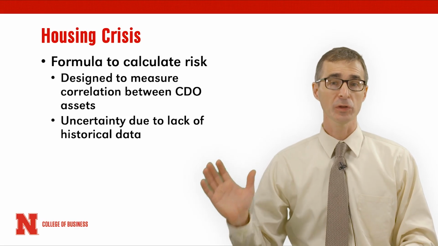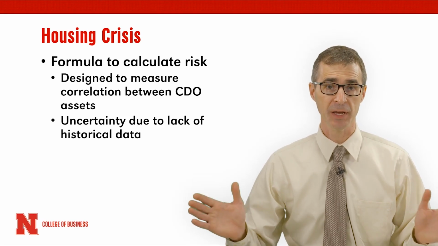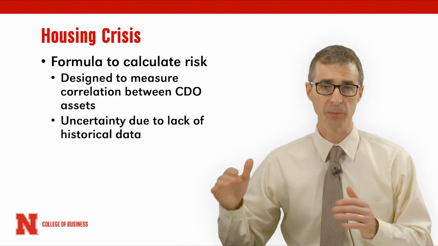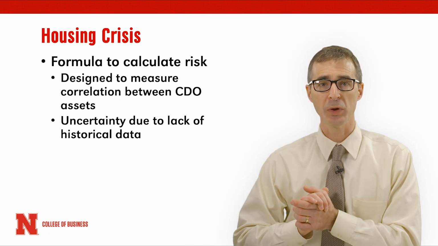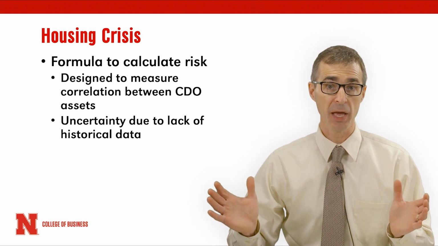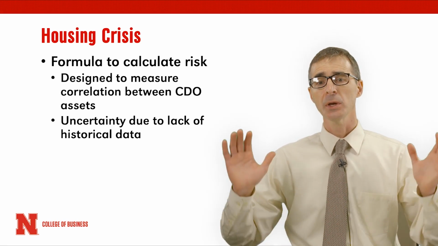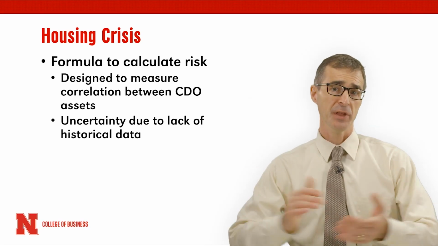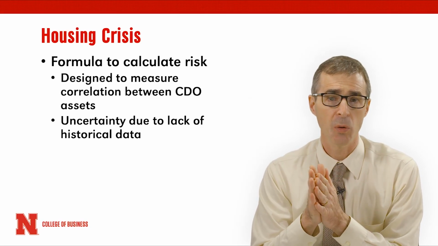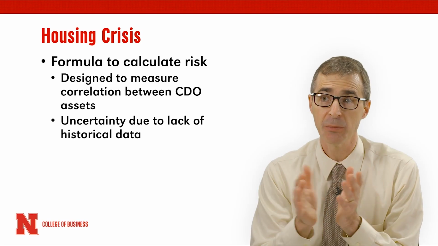So the solution used by many financial economists was to use past credit default swaps, or CDSs, which are basically insurance products that pay off when a company goes bankrupt or defaults on its debt, as an estimate of the correlation of returns, which is pretty clever, but it was imperfect.